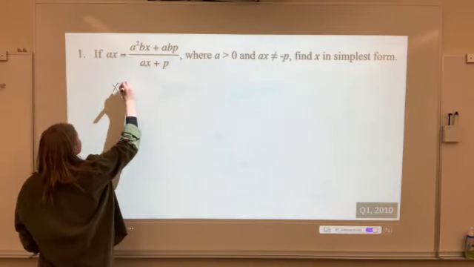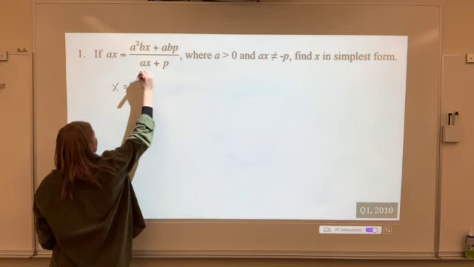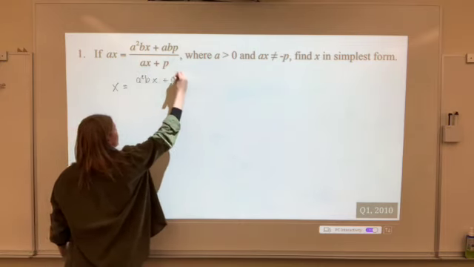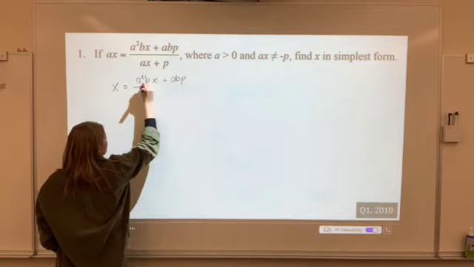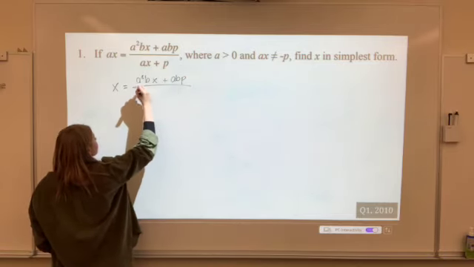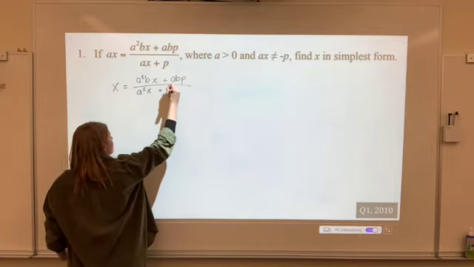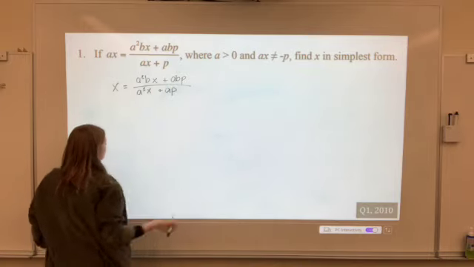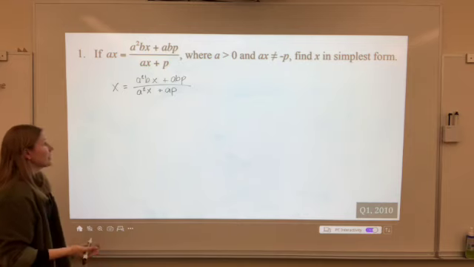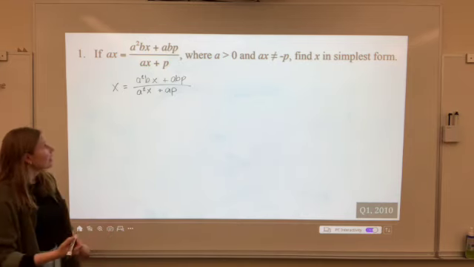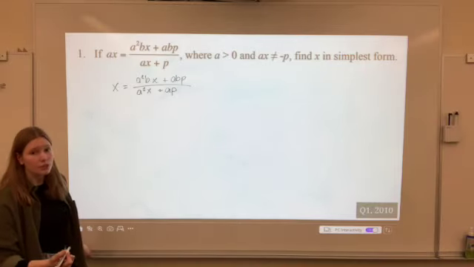So we divide both sides by a. We get x is equal to a squared bx plus abp all over a squared x plus ap. Now, you might notice we are able to cancel out an a from every single one of these terms.